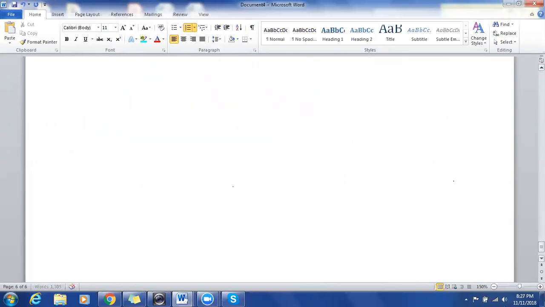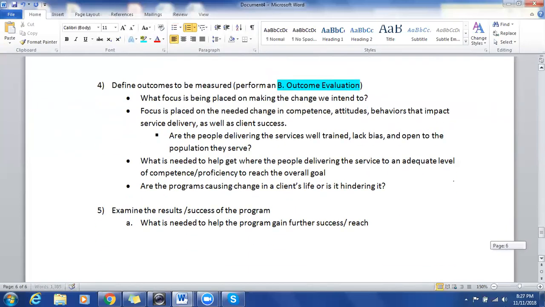Oh wow, that / reach more of the target population to help mobilize change.